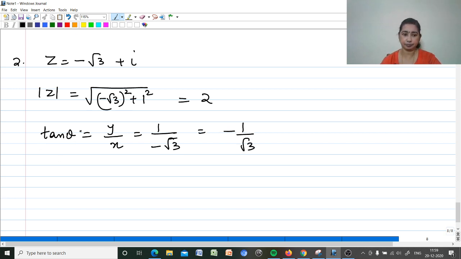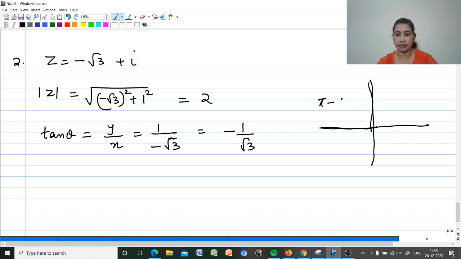So we have to check for which value we are getting 1 by root 3. 1 by root 3 we are getting for 30 degrees. And also we have to check in which quadrant it is lying. X is negative, y is positive, means it is coming in the second quadrant. So in the second quadrant, the angle we have to take as pi minus theta.